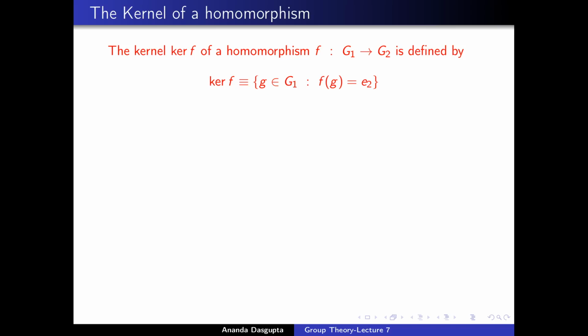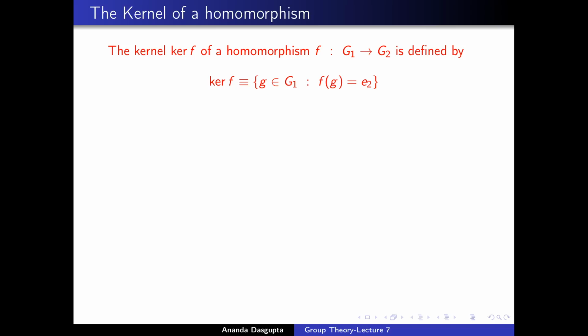Ker f is the set of all elements small g of G1 such that f of g equals the identity of the second group G2. In other words, ker f consists of exactly those elements in G1 which map under the homomorphism into the identity of the second group.